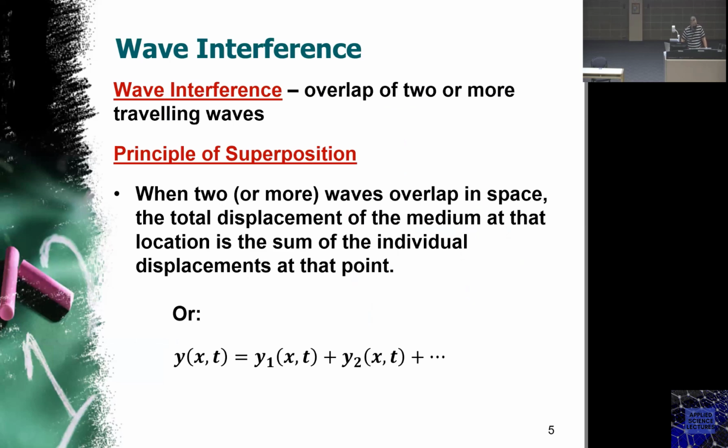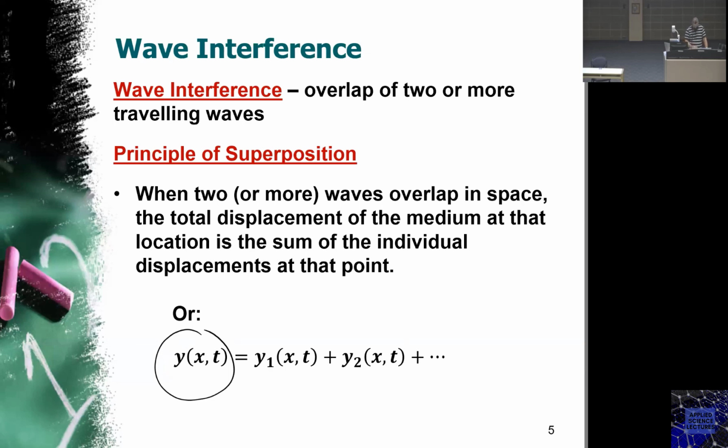Now the wave interference is happening when we have two waves that are overlapped. In this case, we will be using the principle of superposition between those two signals, which means that the final function is the summation of those two functions.